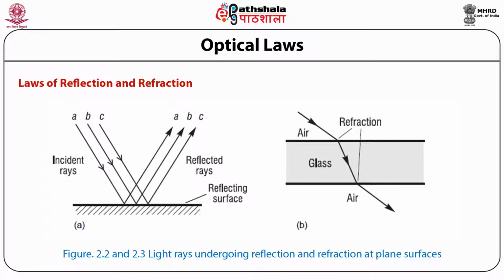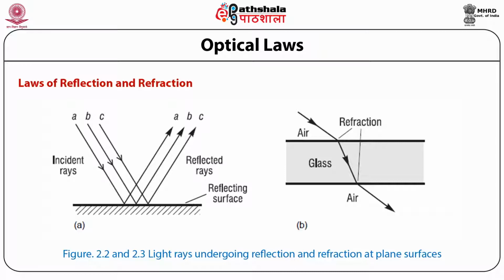After a study of how light reflects and refracts at plane surfaces, the procedure can be extended to smooth and curved surfaces, thereby having an interaction of light with mirrors and lenses, which are the basic elements in different optical systems.